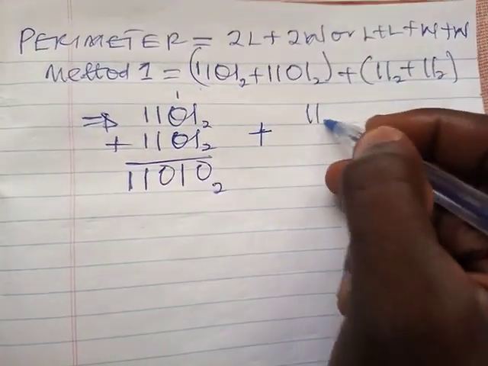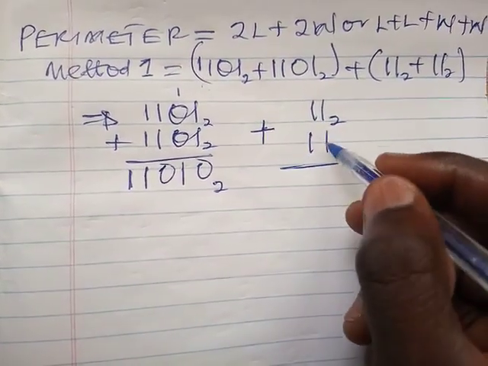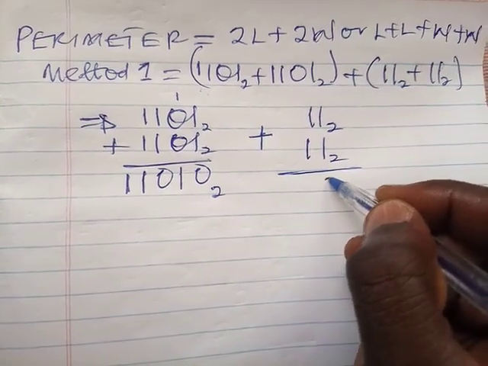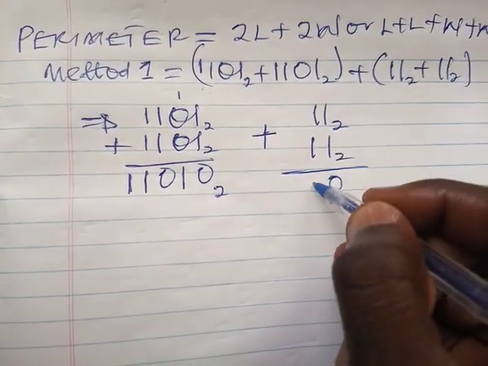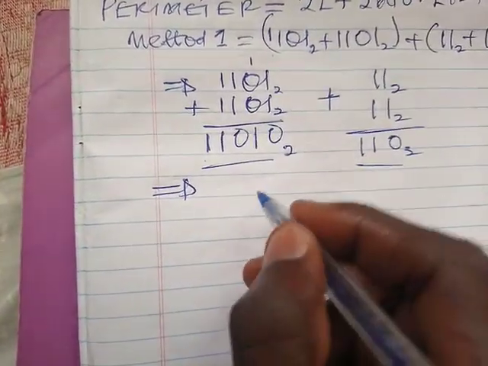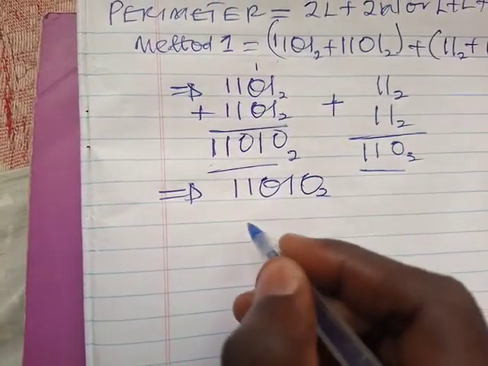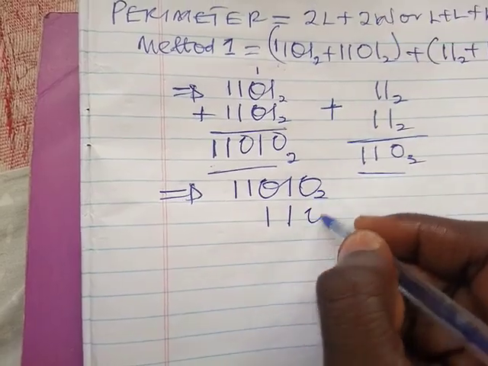Plus 11 base 2, 11 base 2. So 1 plus 1 is 2. We can write 2 as 0, remember 1, making 3. That's 11. So in all, we are going to add the answers we had here, that 11010 base 2 and 110 base 2.